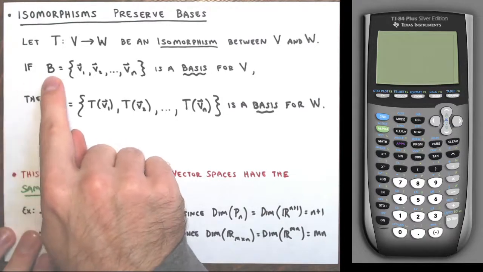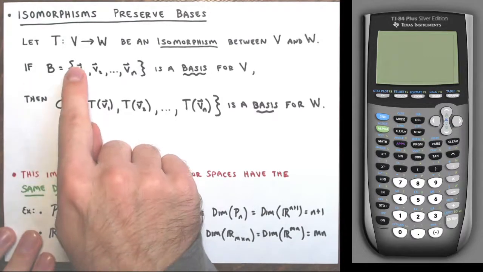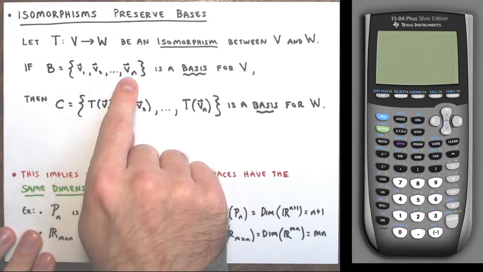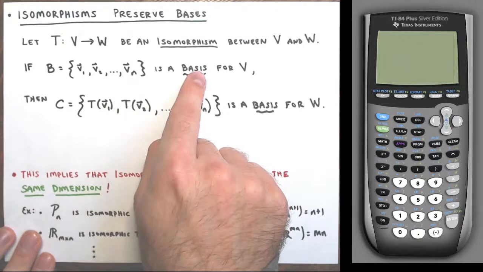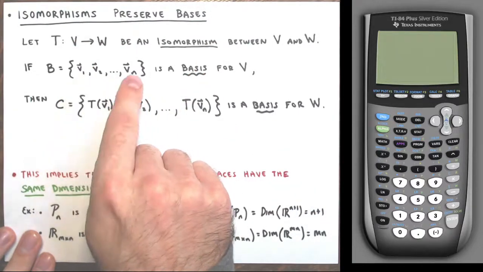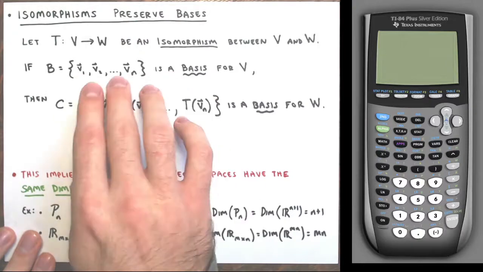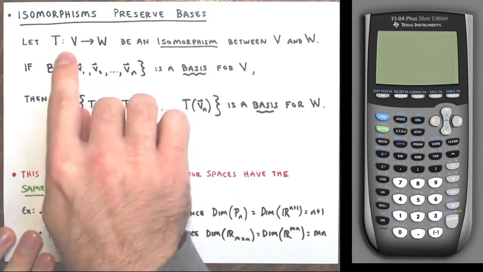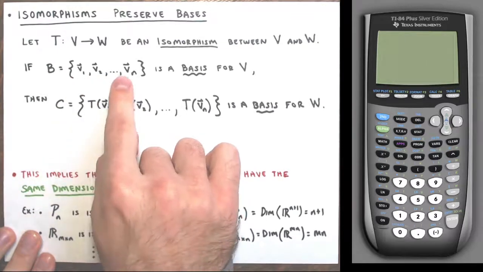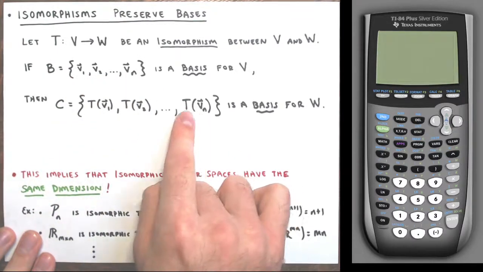Suppose B is composed of vectors from V, say V1, V2, all the way up to Vn. Say this set of n vectors is a basis for vector space V, a basis for the domain. Well, if you plugged all these into T and got outputs, T of V1, T of V2, T of V3, T of Vn, you'd get these n vectors.